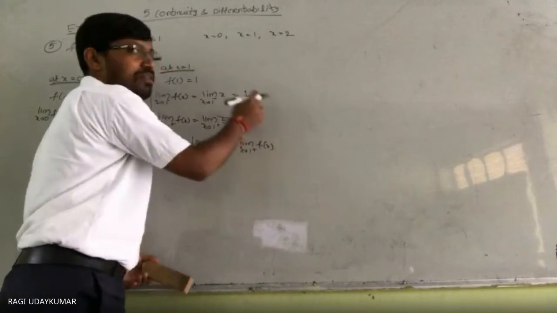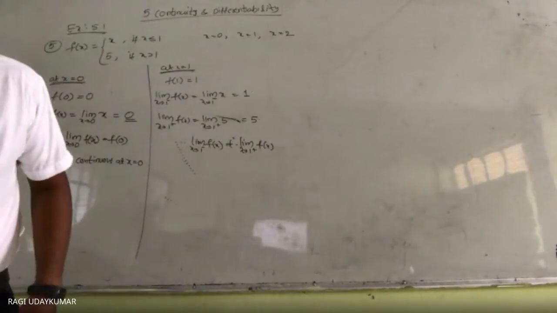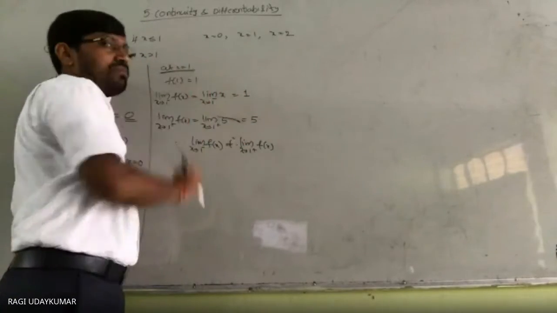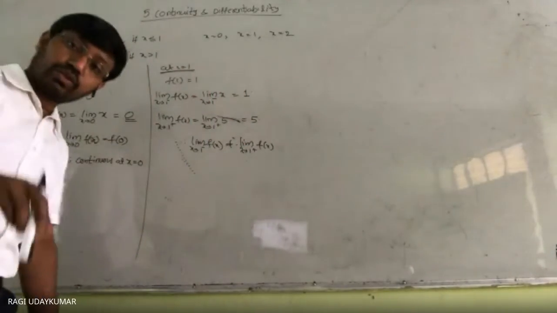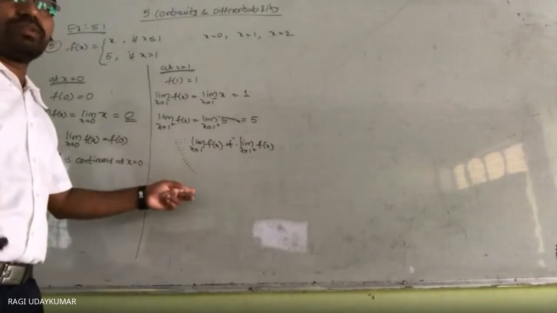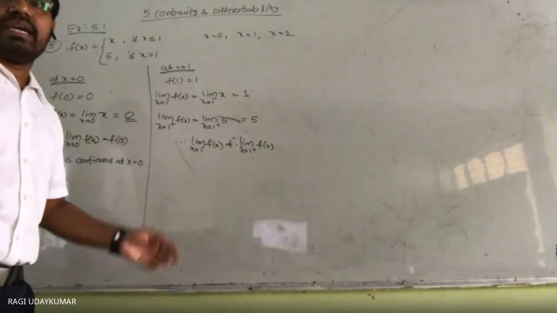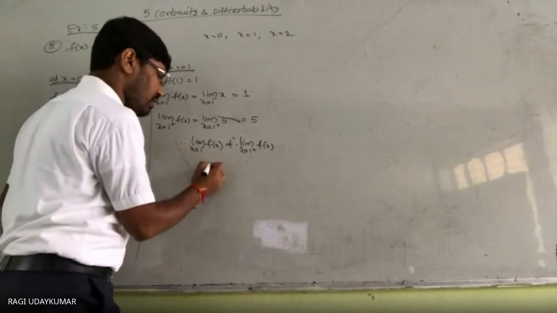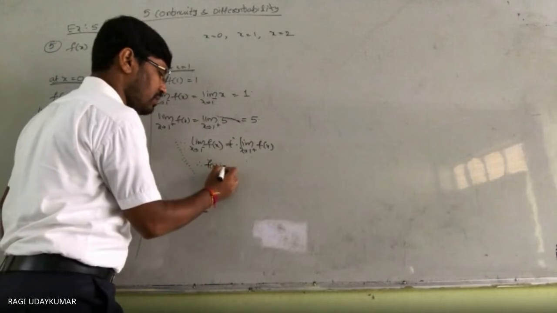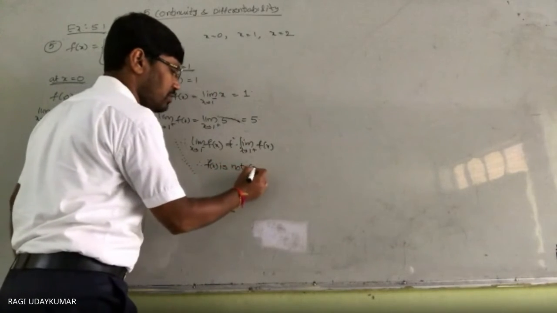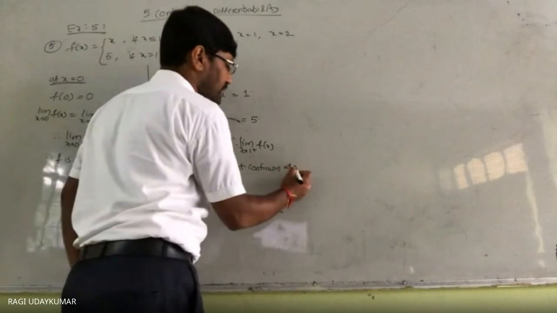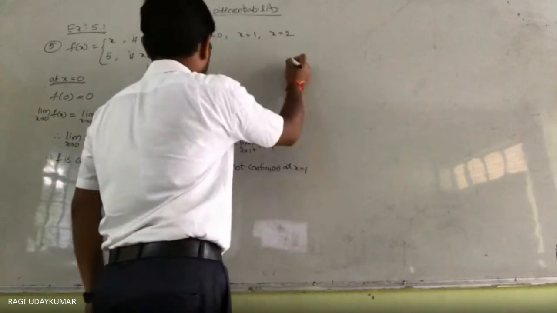In case they are equal, in some cases both are equal but not equal to f of 1. In that case the limit exists but it is not continuous. In this situation the limit does not exist. If the limit is not existing, it is not continuous. Therefore f of x is not continuous at x equals 1.